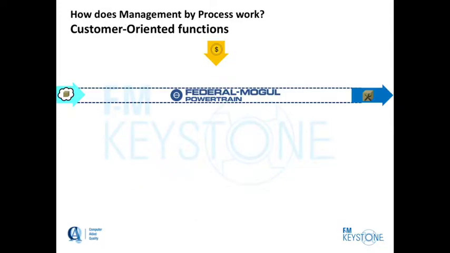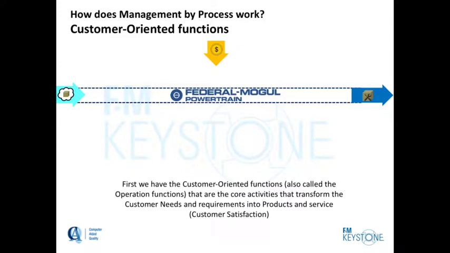Let's have a closer look at what is happening inside this transformation. In other words, what the company does to create products and services based on customer needs and expectations. First, we have some functions in place called customer-oriented functions or operational processes.